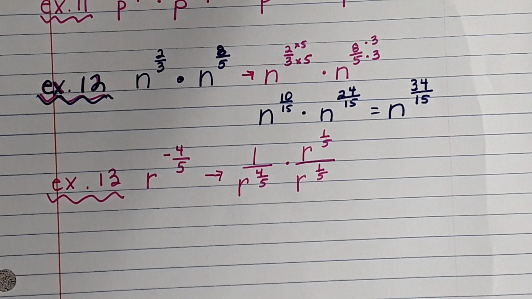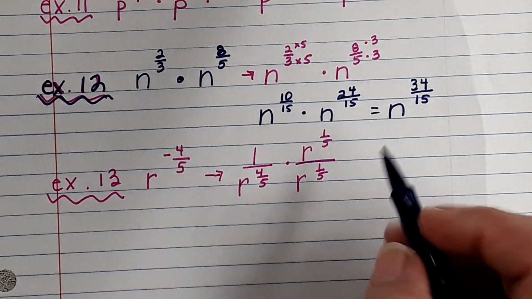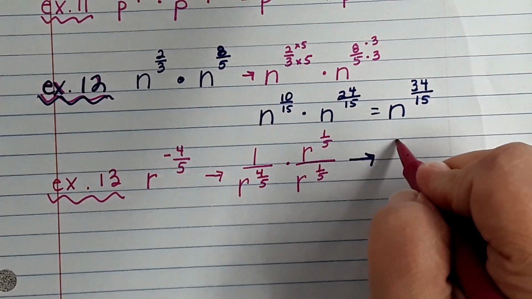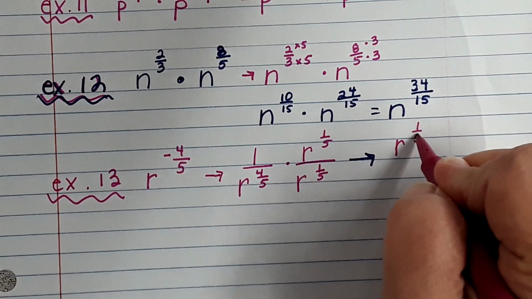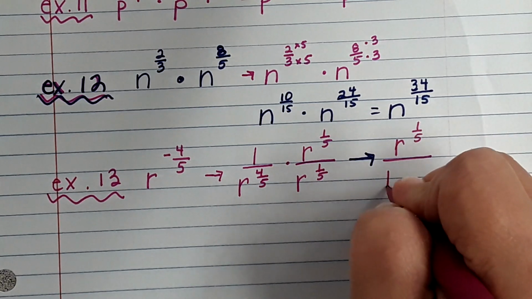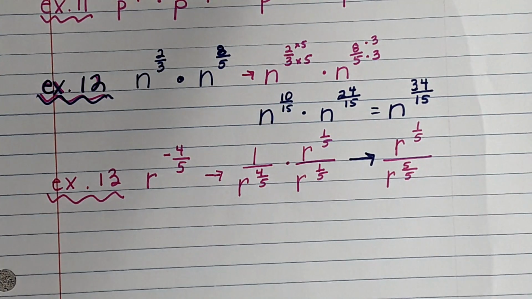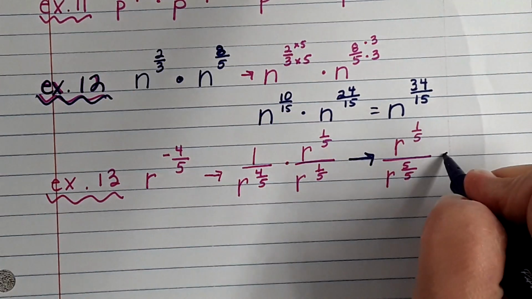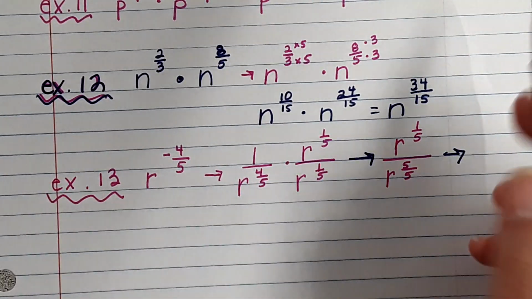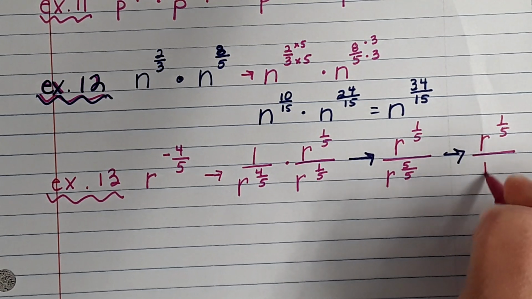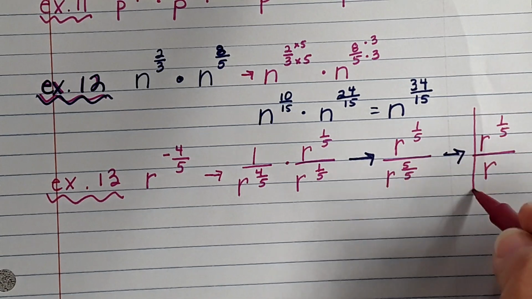And because I'm trying to get rid of the fraction in the denominator, this becomes r to the 1/5 over r to the 5/5. Well, what is 5 over 5? 0. No. It is 1. So it's just r to the 1/5 over r. That's your answer.